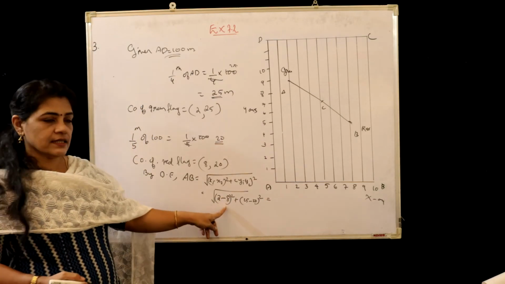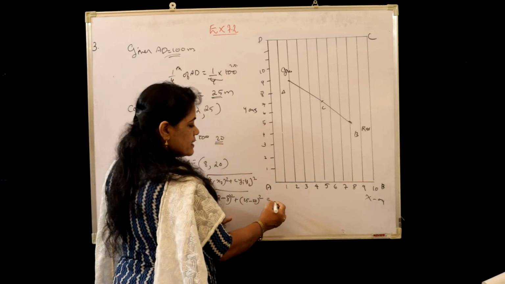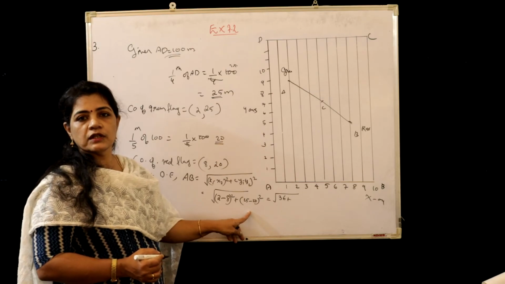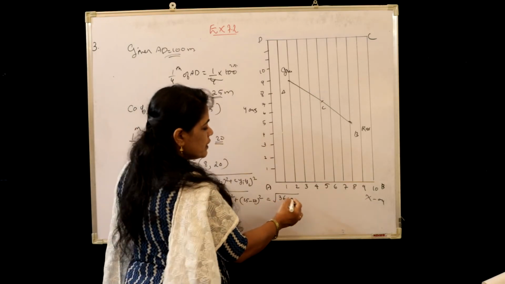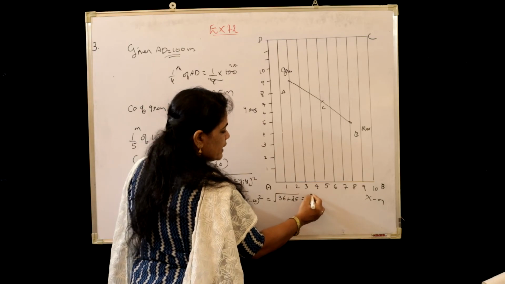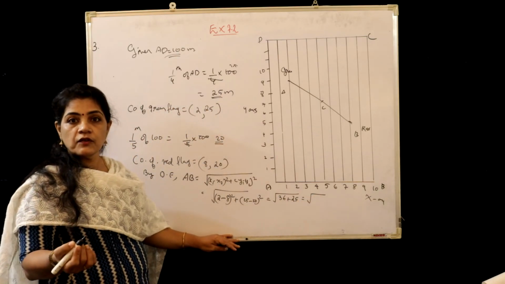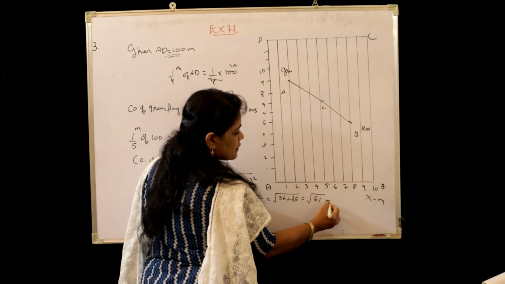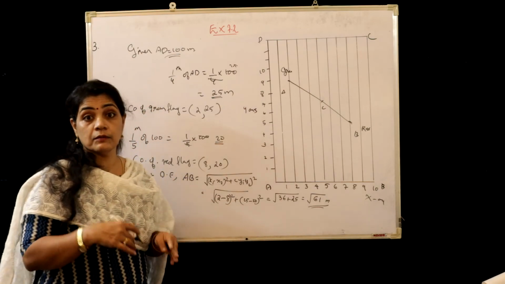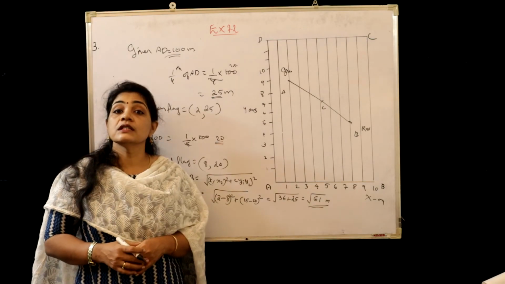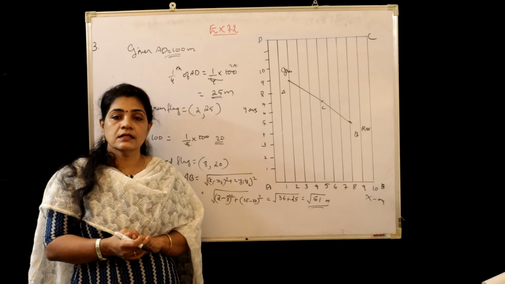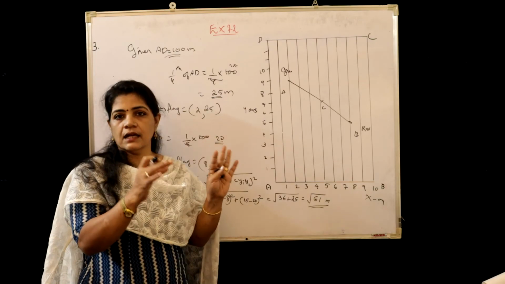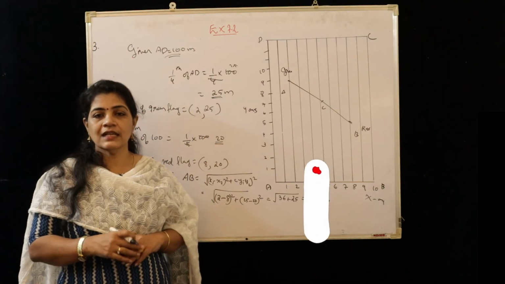So 2 minus 8 is minus 6 and its square is 36, plus 25 minus 20 is 5, and 5 squared is 25. You get 36 plus 25 is 61. That is root 61 units, meters, because AD is in meters. This is the way to get the distance between the green flag and the red flag using the distance formula. That is the first part.